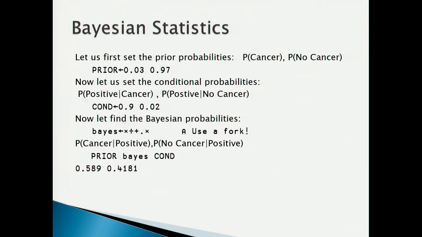The function Bayes takes on the left the prior and it takes the condition values, and it gives you the probability that you have cancer, which is 58.9%, and the probability you don't have cancer is surprisingly 41%. So you would think that if your test comes out positive, given these probabilities, that's what you would get. So this is another example of a program that's in TamStat.